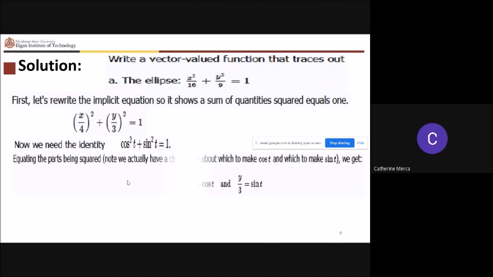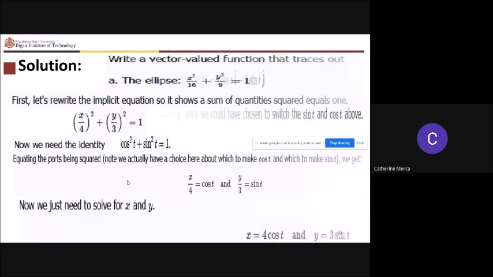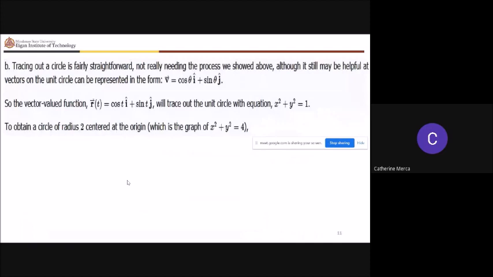For B, tracing out a circle is actually straightforward. It may be helpful to recall that vectors on the unit circle can be represented in this form: v equals cosine theta i plus sine theta j.